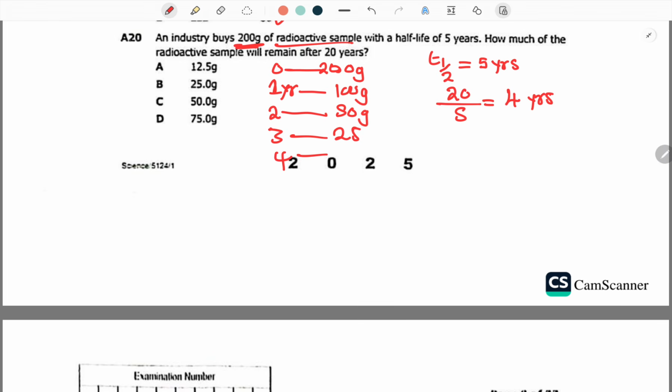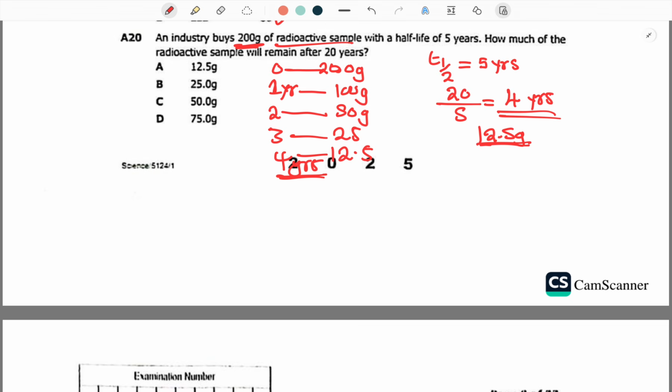At 4 years, 25 divided by 2, 12.5. So 4 times. So by the time it was 4 years, the material is going to be 12.5 grams. So you just start reducing from 0 until you reach your 4 years.